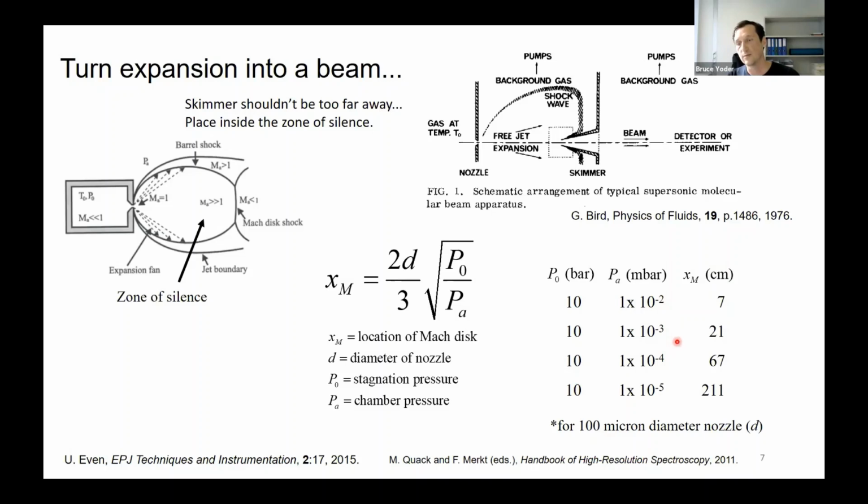Decreasing the chamber pressure pushes the Mach disk further downstream, so much so that at lower chamber pressures, it can be approximated that the destruction of the free jet is dictated by the chamber walls and skimmer rather than the pressure differential. So then chamber design becomes important.